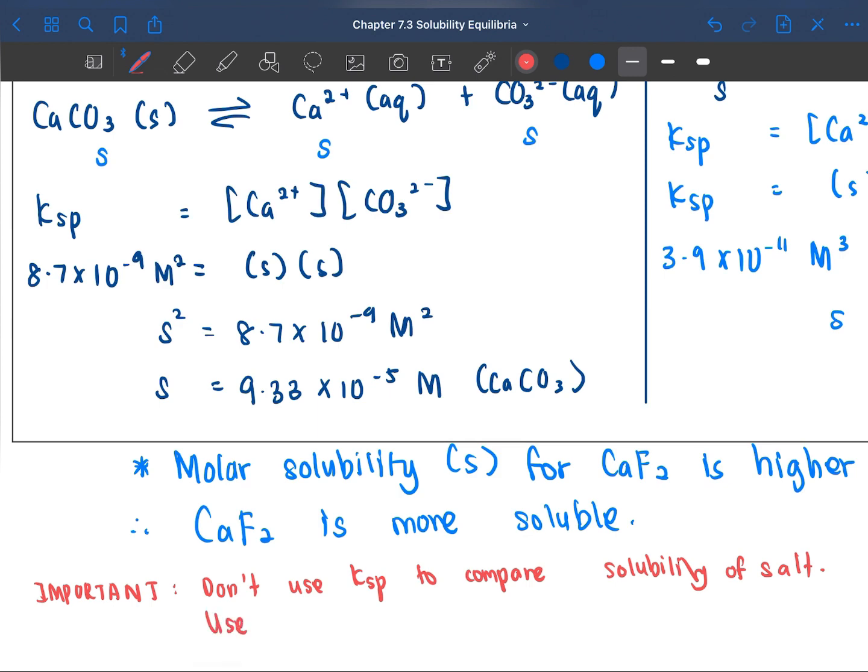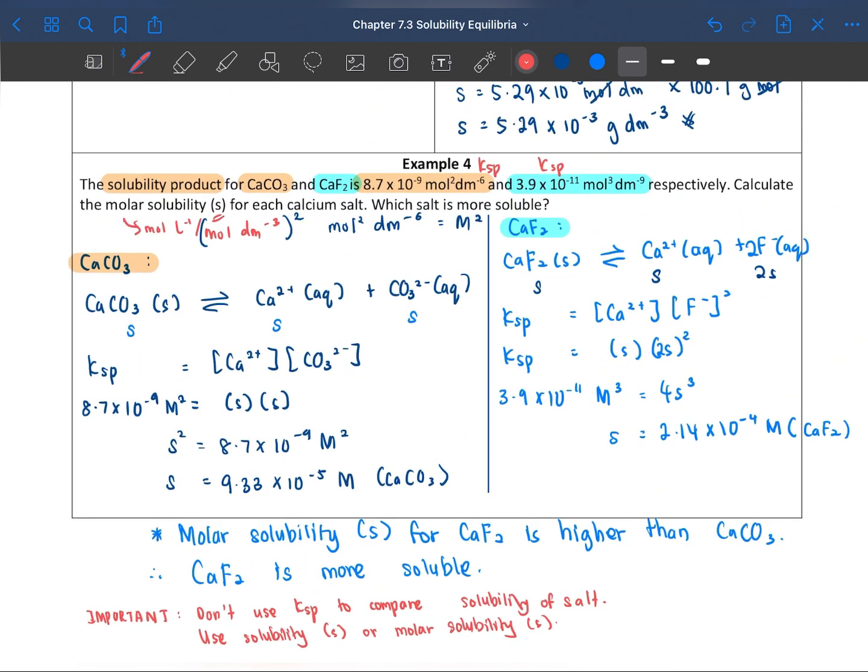Use solubility or molar solubility, S jugalah. Okay, done example 1 until example 4.